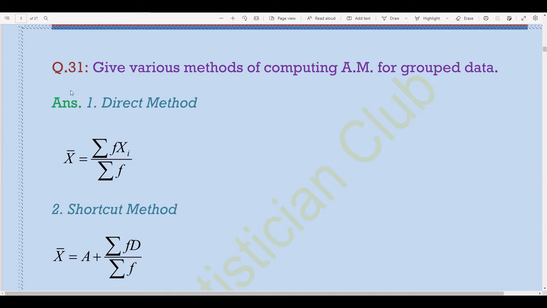Here I write the formula for group data, and I also tell you the formula of ungrouped data. So direct method for ungrouped data is x bar is equal to sum of x over n. And when frequency is involved, it means your data is now grouped. In case of frequency, x bar is equal to sum of f x over sum of f.